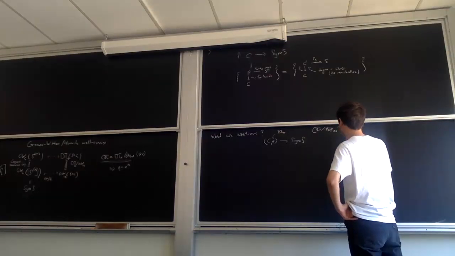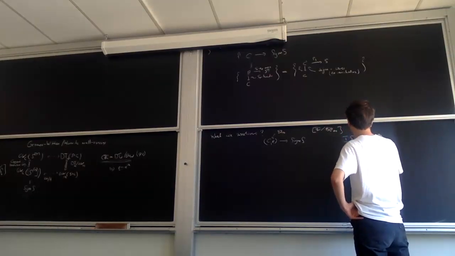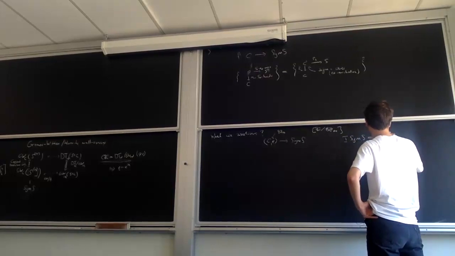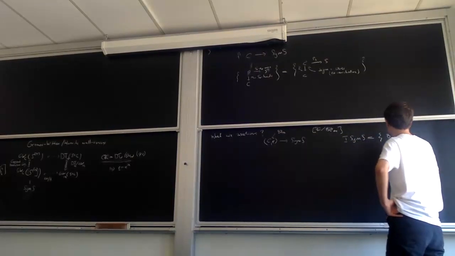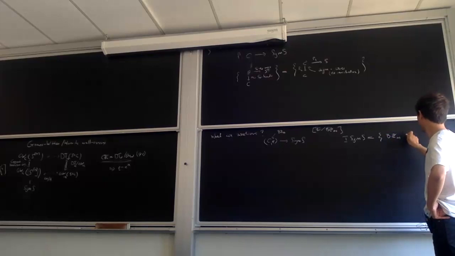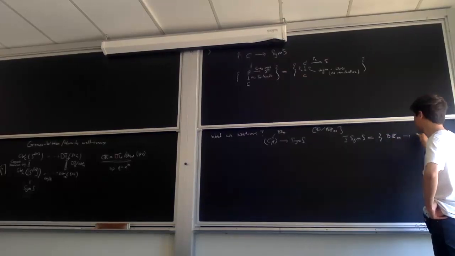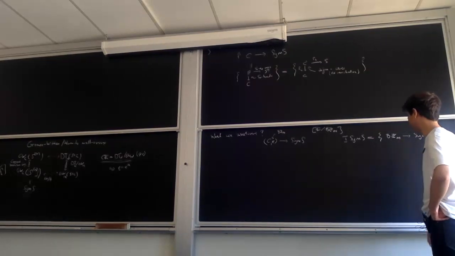So what is the inertia stack? The inertia stack is just defined to be maps from this finite abelian gerbe to the symmetric product, where you vary m as well, you take arbitrary m.